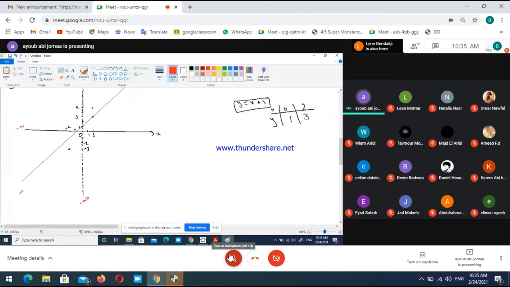Of course don't write it, but I'm explaining it to you, starting from here. With the oblique asymptote it increases to the maximum and then decreases to the vertical asymptote. So the graph will be like this.